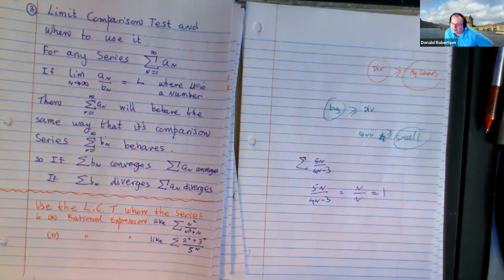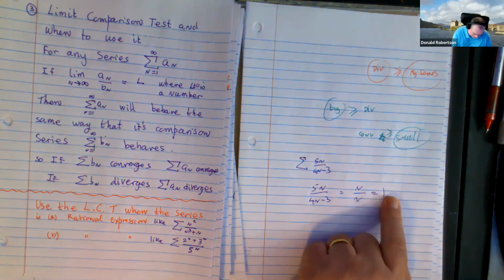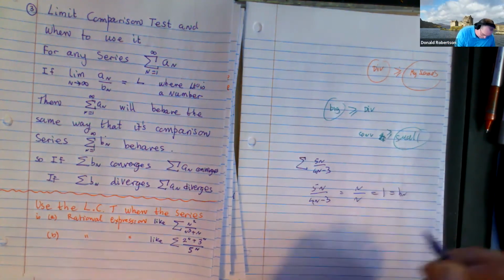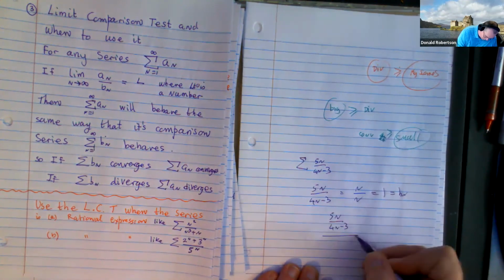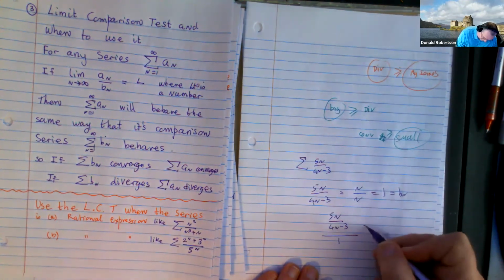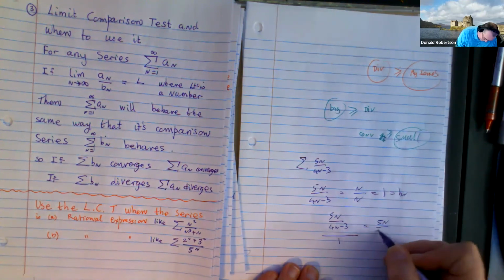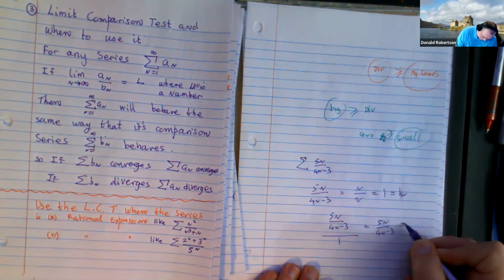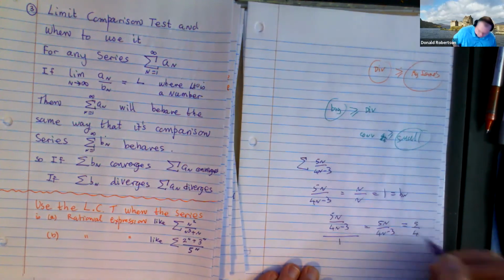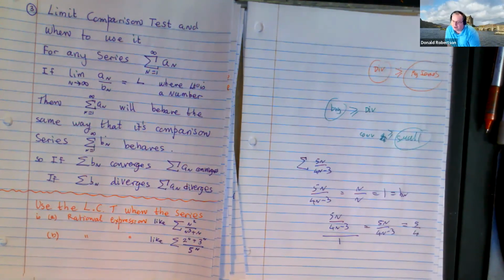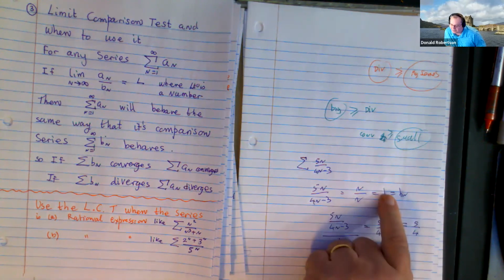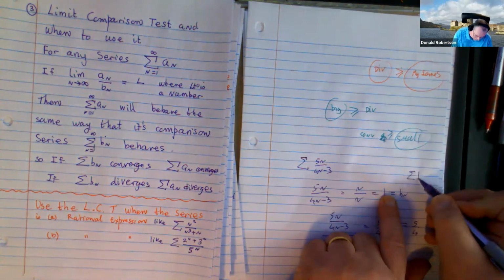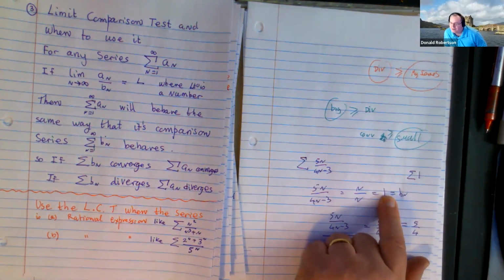If you use that as your bn, you would do an over 1, which basically ends up being the same guy on top, which becomes eventually 5/4. According to the limit comparison test, if the limit is a number that's not 0, it behaves the same way. And how does a series made up of an infinite number of ones behave? They diverge.